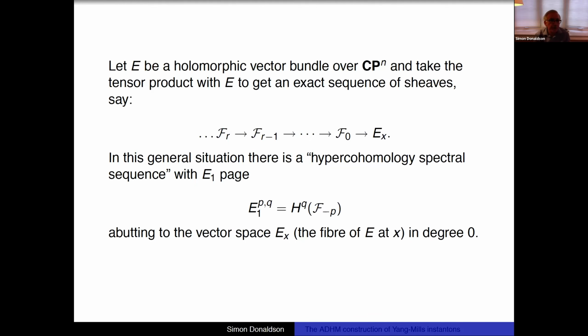So again, for people who are not so familiar with sheaves and spectral sequences, what this means is that, starting with E, we make a collection of other bundles given by taking the tensor product with these standard bundles we have in projective space built out of the tangent bundle.